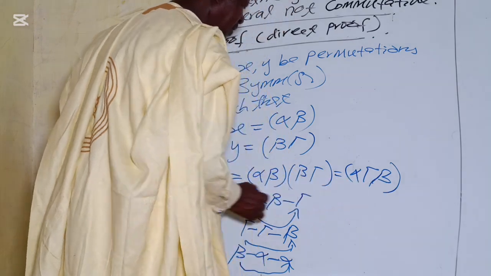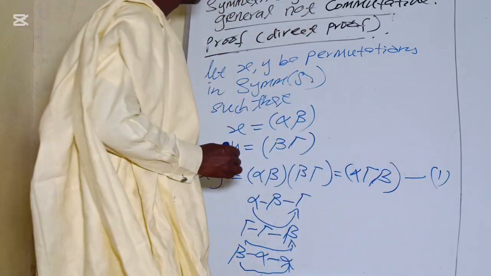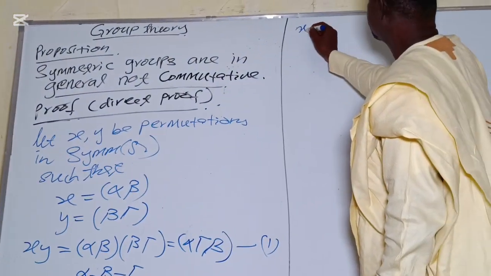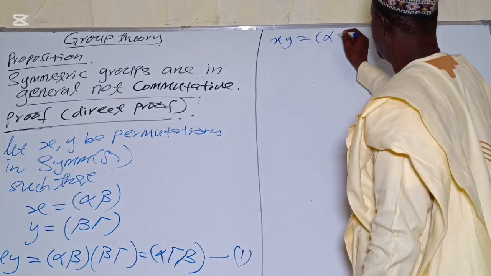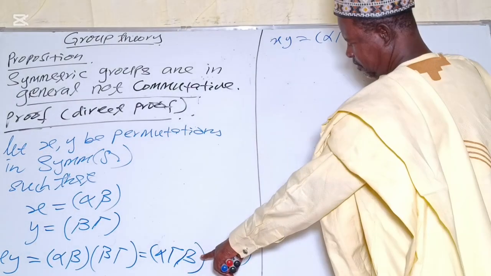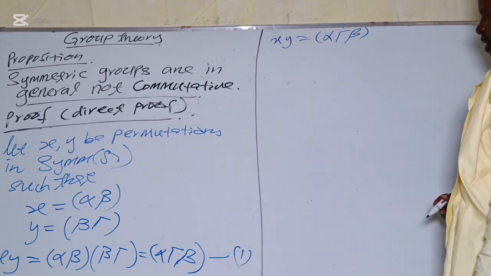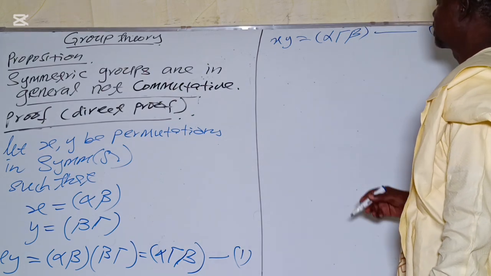So I close this cycle and let me call this equation 1. So that means xy gives me the permutation (alpha gamma beta), which is what I call equation 1.